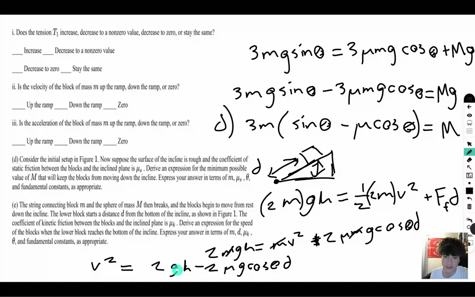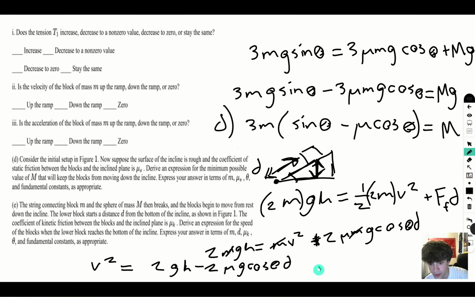And our final step here is going to be to write h in terms of d. Here we know that h is here and d is here, so using our trig identities, this is the opposite angle, so this angle here will be sine h over d, so h is equal to d sine theta.